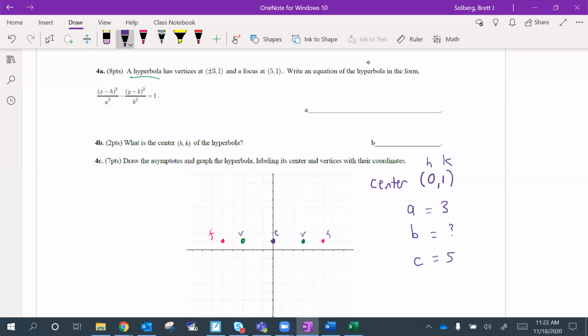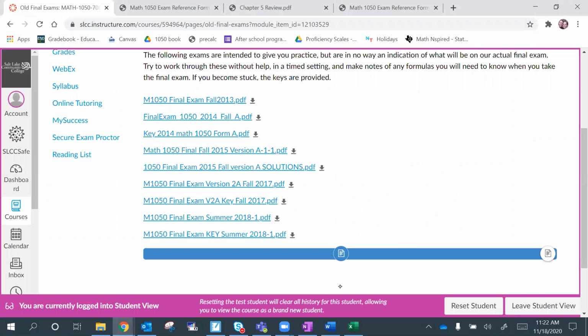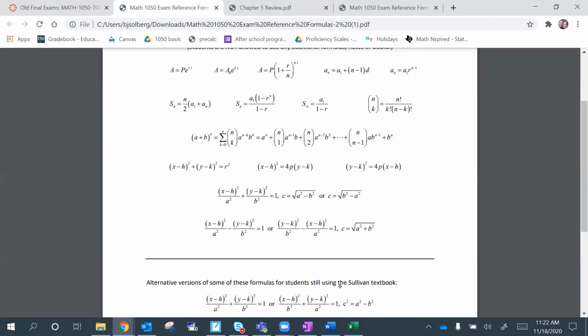You could do c squared equals a squared minus, or is it plus? Sorry, I don't know. Plus, okay. With hyperbolas, it's plus. Let me show you a quick, let's see, where are we? If you look at your formula sheet with your hyperbolas right here, it'll give you that one versus on your ellipses, it gives you those.